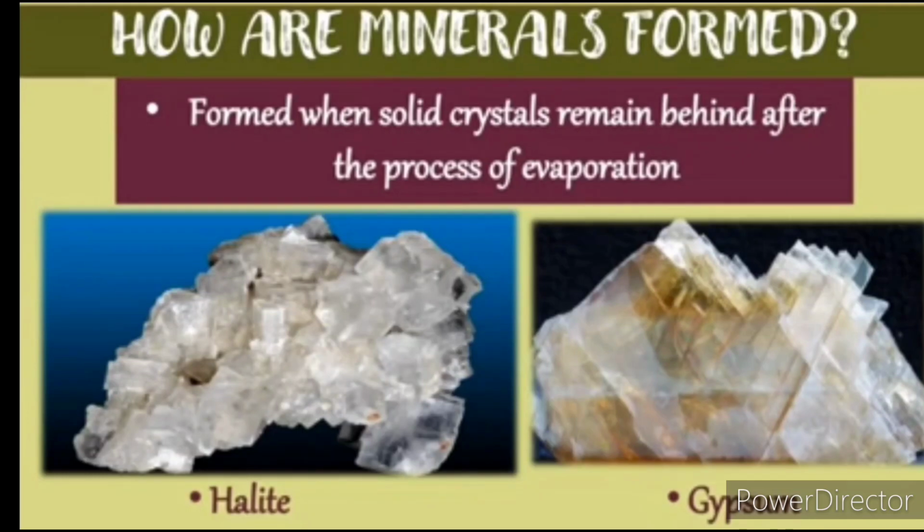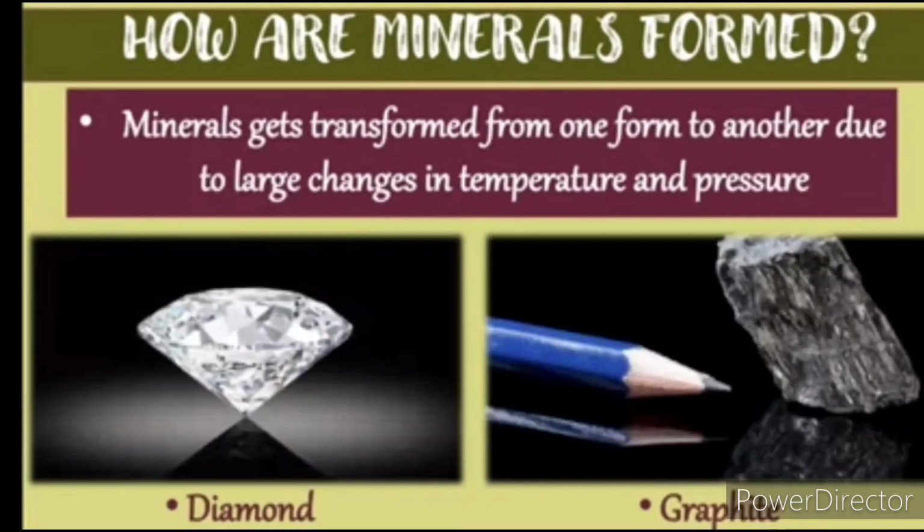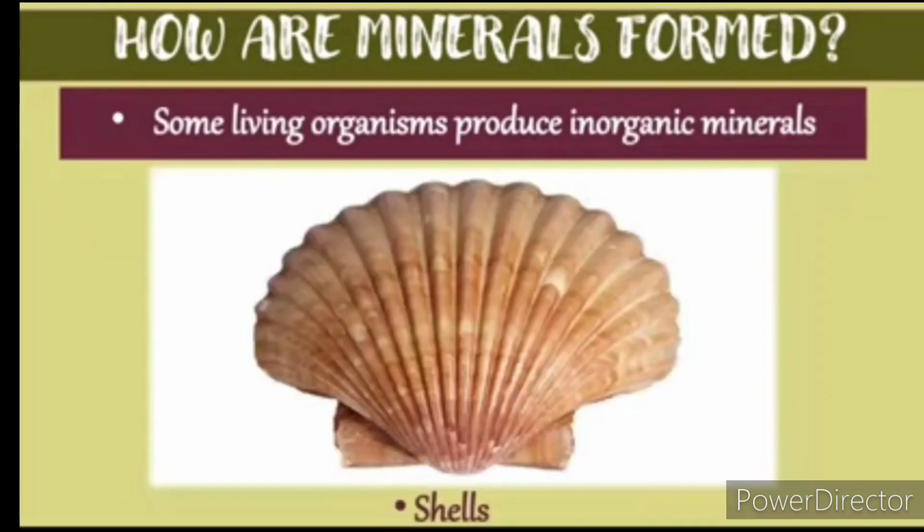After that, the minerals get transformed from one form to another due to large changes in temperature and pressure. For example, the diamond and the graphite which are used in our day-to-day life.